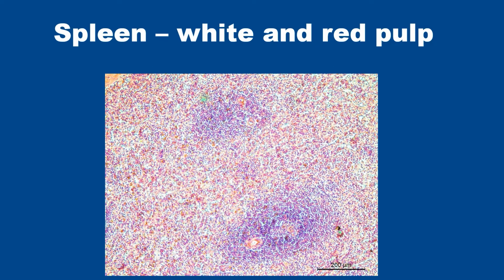This is the actual picture of spleen, showing the lymphatic nodule and the red pulp and white pulp. One can see the blood vessel in an eccentric position in the lymphatic nodule.